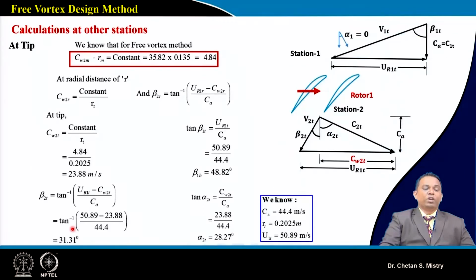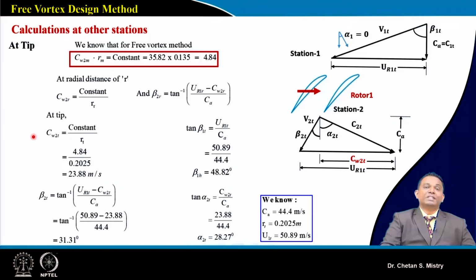Now we are also looking at what is happening near the tip region. In line with what we discussed at the hub station, the same logic is applicable here. Now we will apply our free vortex design concept near the tip region.